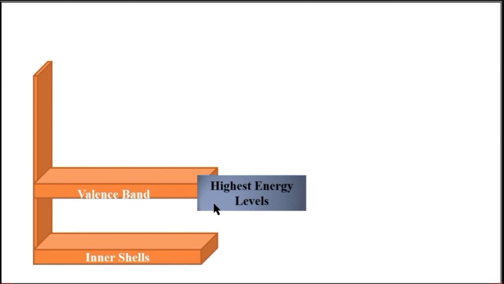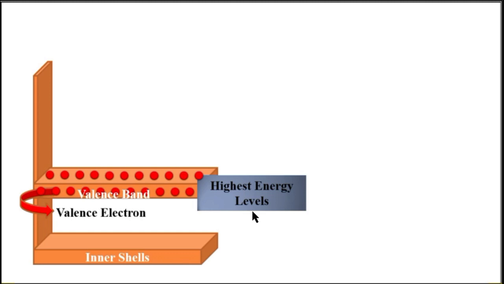The valence shell is always at the higher energy level. This valence shell or valence band contains electrons, which are valence shell electrons. In the previous class, you have already studied what we mean by valence shell electrons. The electrons present in the valence shell orbital are known as valence shell electrons or valence electrons.